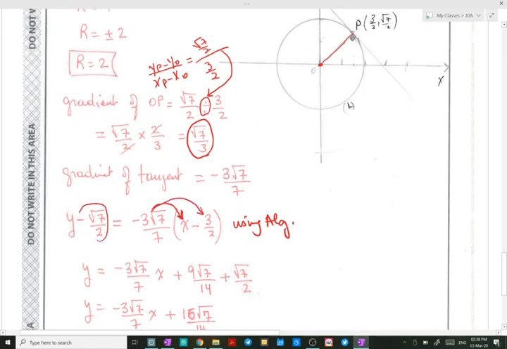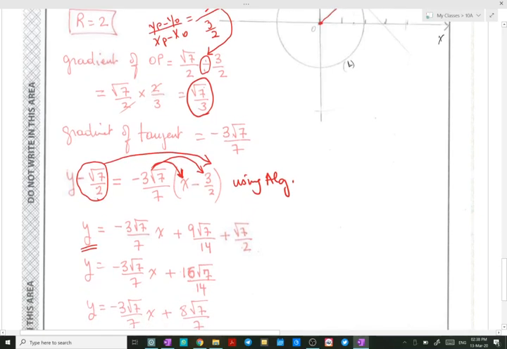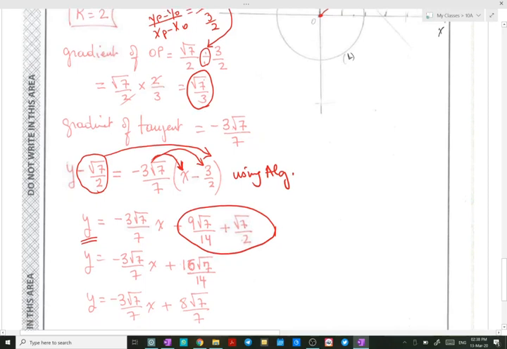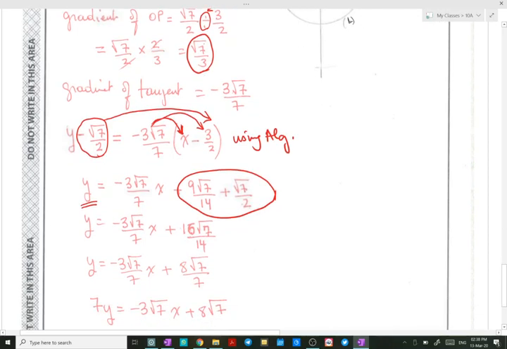After that you take this number to the other side, so that we will have y alone on one side. Once you take it, you have to change its sign. Then you take the common denominator between these two fractions, which is 14. After that you simplify.